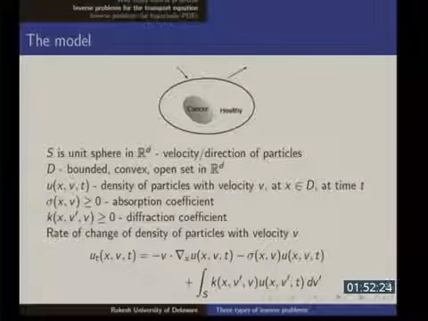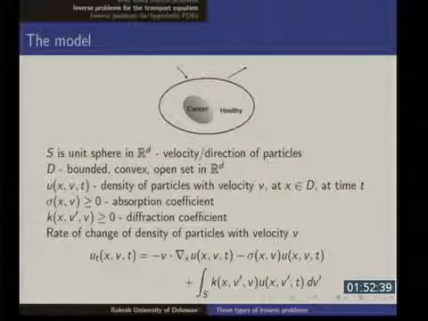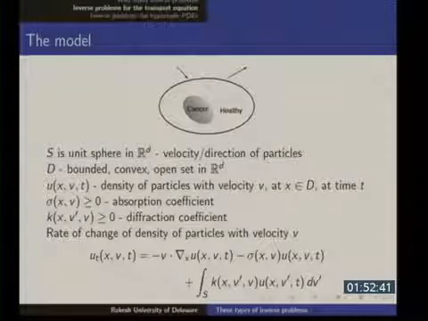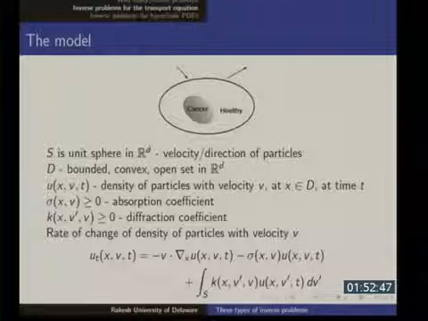This is the contribution from the absorption. That's why the negative sign, right? The particle arriving at velocity v at position x at time t, this fraction of it is absorbed. And if it arrives at velocity v prime at time t at position x, then it produces so many particles with velocity v. You do this for all incoming directions, and that's why you add it up. Okay, so this is the physics.